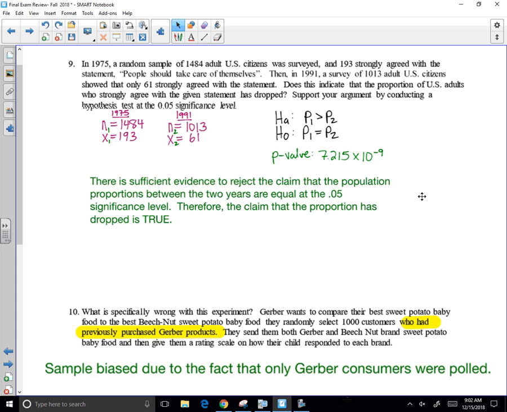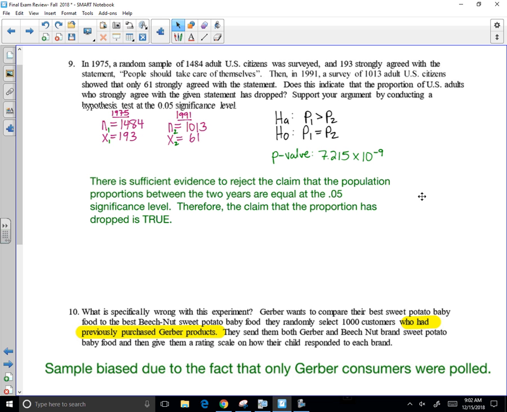But number 9, that's your hypothesis test question. It depends on whether or not you could find an appropriate function within the calculator. So in this case, you have a bunch of people surveyed, 193 strongly agreed with the statement.